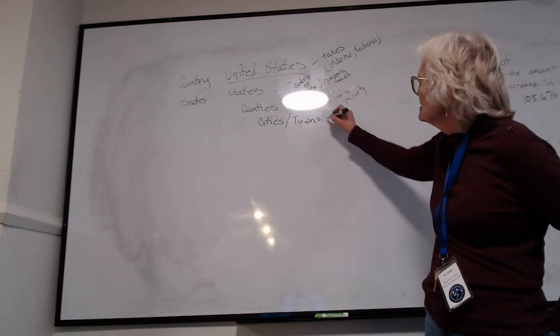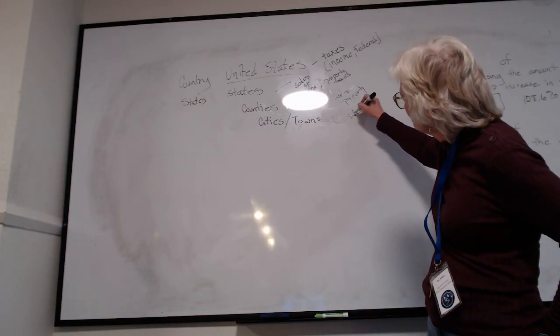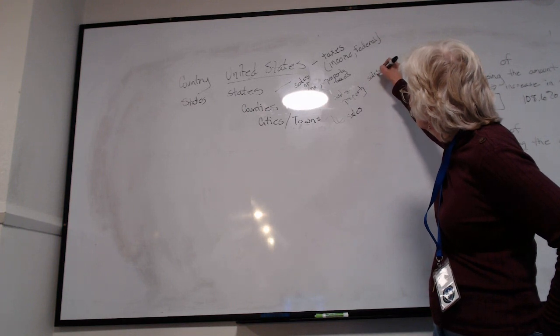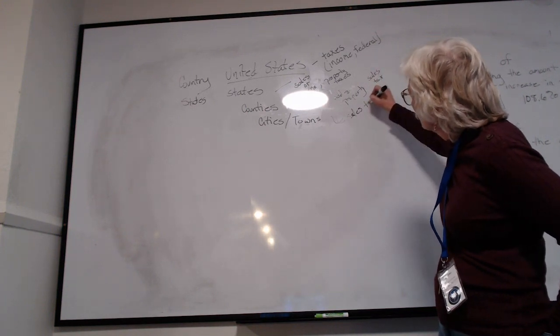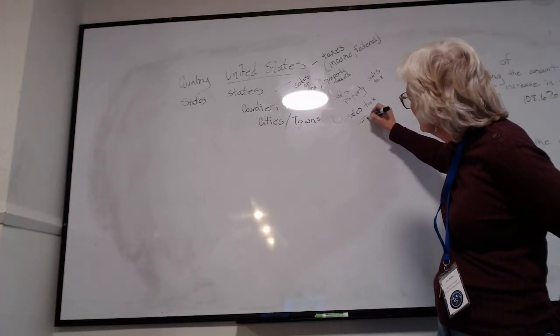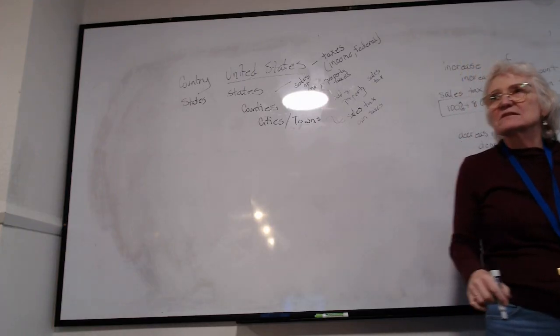Cities and towns, usually they can get it from sales tax. Actually, these guys get it from sales tax too. They get it from sales tax and they may have their own taxes. If you live in a city, they may have their own taxes.